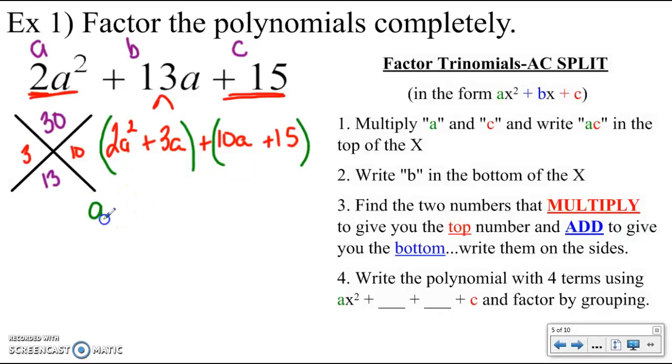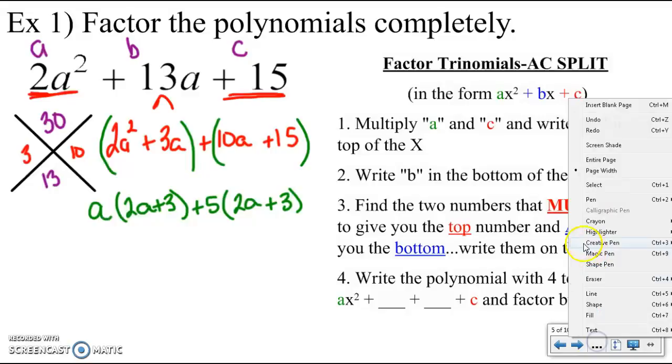So if I take an a out of that first group, I'm left with 2a plus 3. In the second group, I can divide 10 and 15 both by 5, but they don't both have a's, so I can't take an a out. So 10 divided by 5 is 2a, and 15 divided by 5 is 3.